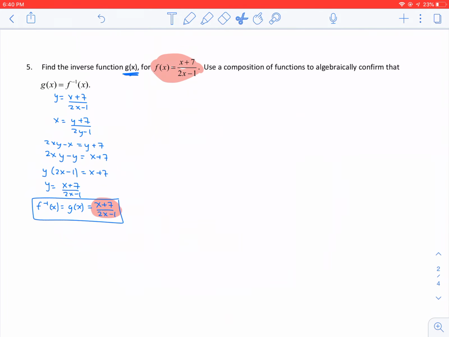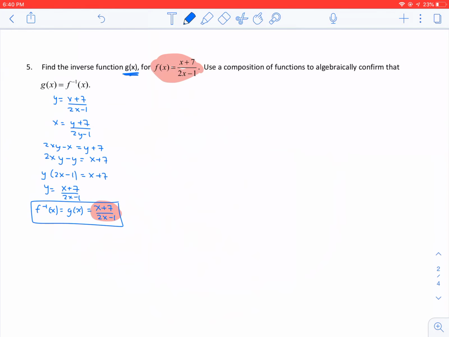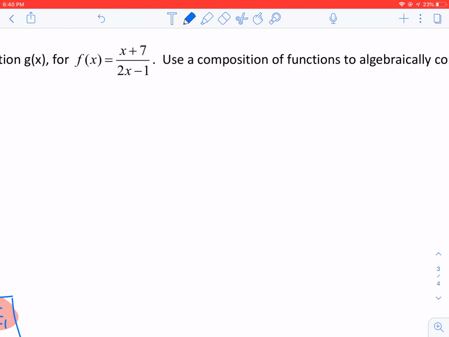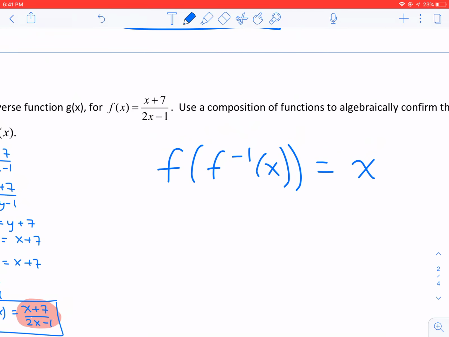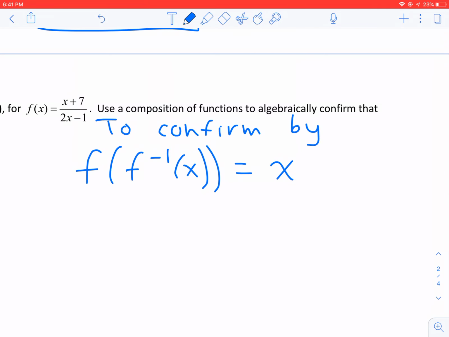So if you want to really check, we can see does f of the inverse function equal x, right? So this is how we're going to confirm by a composition that this is correct. It's kind of a way of checking our answer.